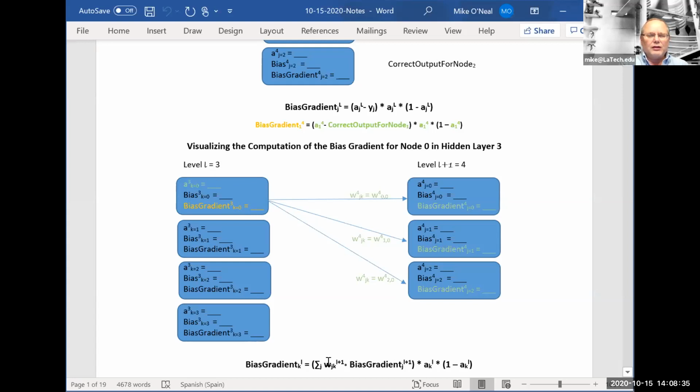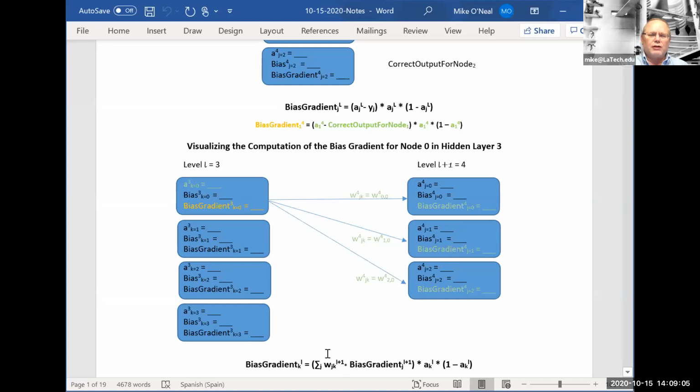So again, it's the weighted sum of the bias gradients times the output of this node times 1 minus the output of this node. Now, if you look at these subscripts, it's easy to get lost in the subscripts, but don't. We're talking about the bias gradient for node k in this case in level 3, level L. So we're looking at the weights in level 4. The weights that connect level 3 and level 4 are the level 4 weights. That's why that's an L plus 1.